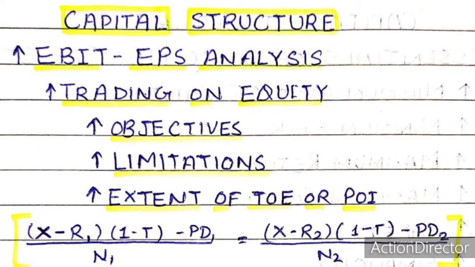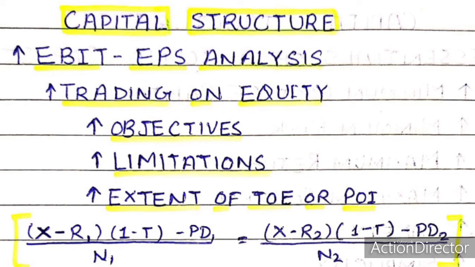Now the question arises as to what extent the management should use borrowed funds to avail of the benefits of trading on equity. The answer to this question is that debt capital should be used till the additional income is more than the cost of additional debt capital.